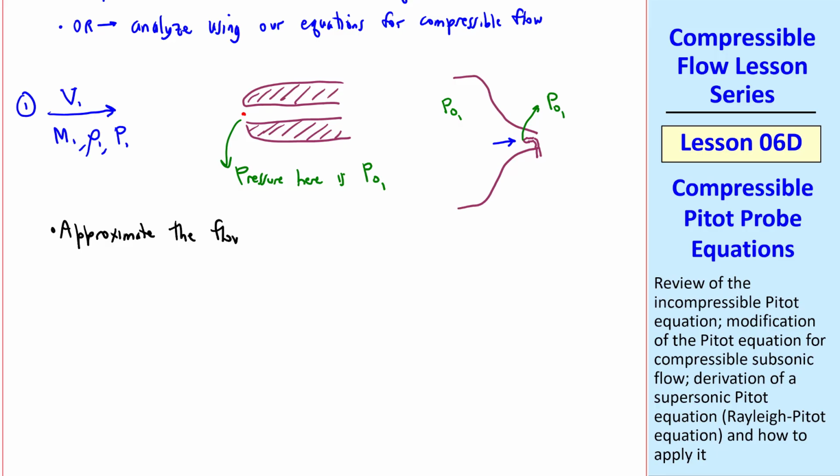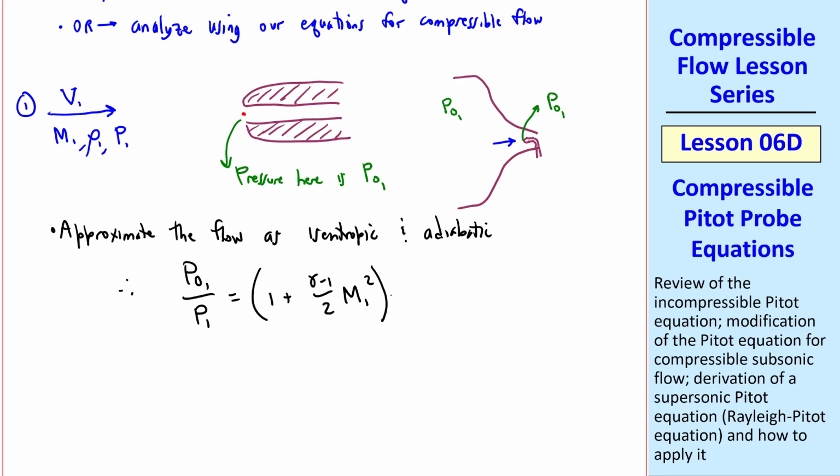Let's approximate the flow as isentropic and adiabatic. Therefore, we can write P01 over P1 as (1 plus (gamma minus 1) over 2 M1 squared) to the exponent gamma over gamma minus 1. Again, we see a P1. P01 is what we're measuring with our probe, but we also need P1.